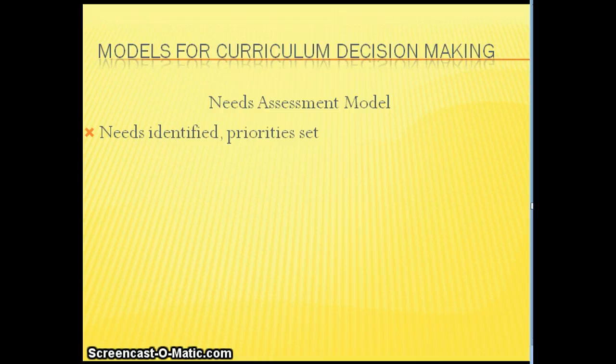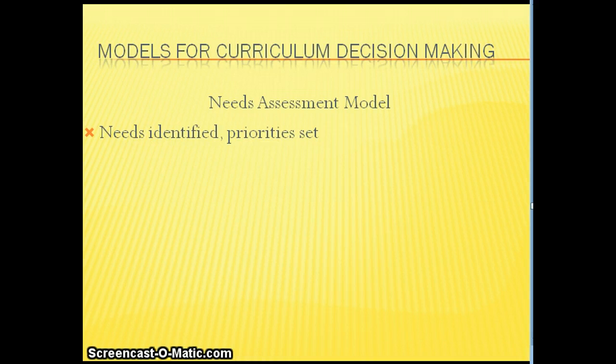Depending on the curriculum orientation, those needs are going to be different. If you are developing a systemic or an academic curriculum, the outcomes you're looking for are going to be related to performance in the identified areas, so in math and science and social studies, etc.